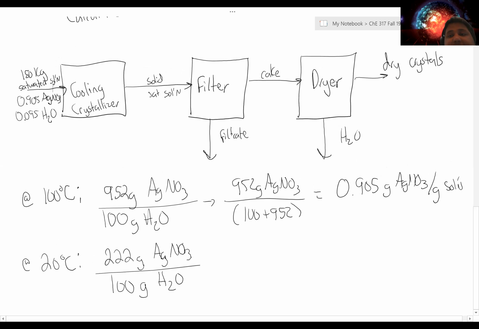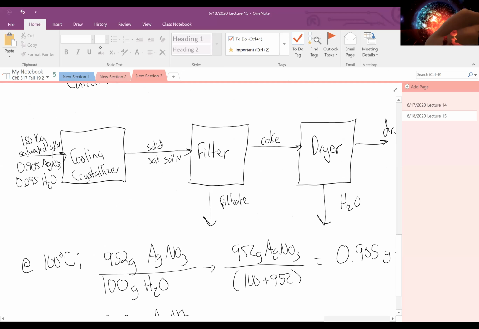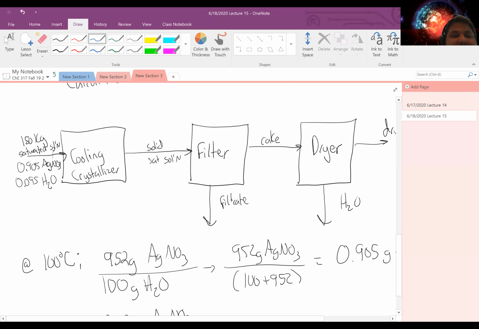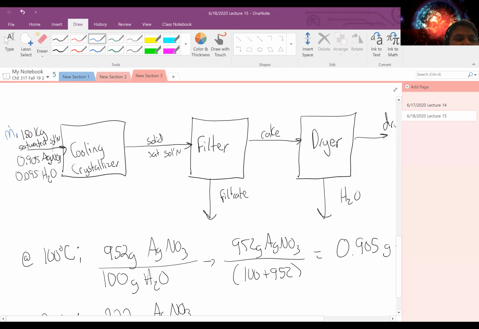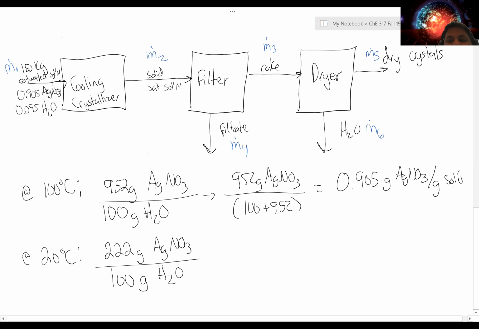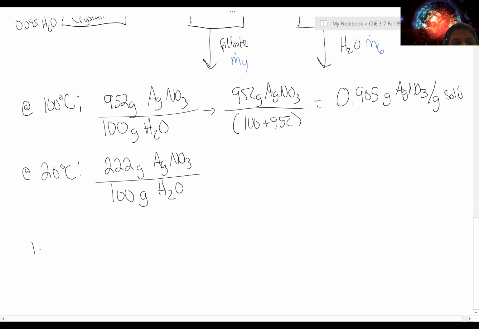So if I'm going to label these streams, just to keep track of things, I'm going to call this stream M1. This can be M2, M3, M4, M5, and M6. So M1 equals 150 kilograms.